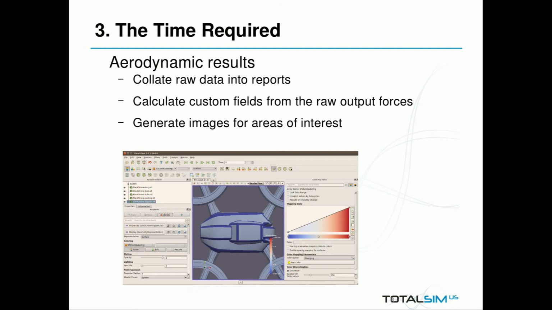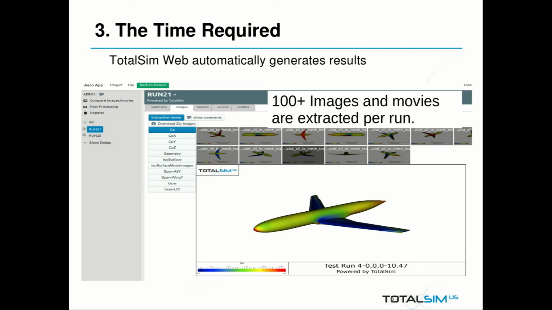So instead of having to calculate custom fields or using certain software to go through your results and generate images and take screenshots, what the TotalSim Web platform offers is we automatically generate images, we automatically extract movies from the raw CFD data and present that to you in an easily accessible web interface where you simply click through the variables you want or click through the views you want, or you can go through movies and step through them.